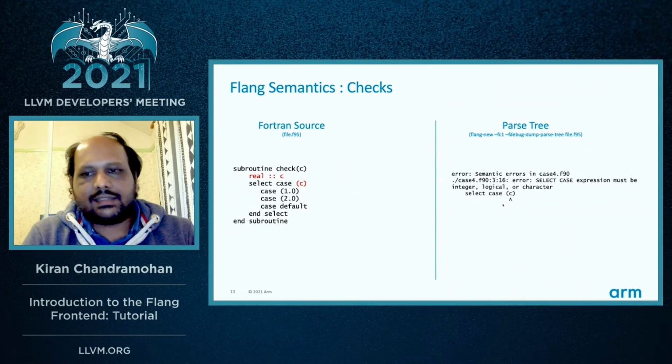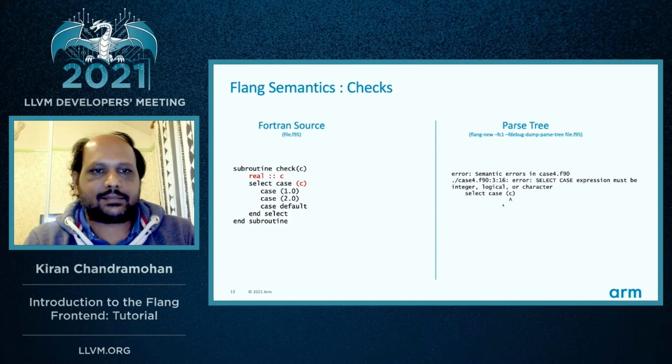But in Fortran, the select case expression cannot have real. So that's the error that we see on the right-hand side. Error, select case expression must be integer, logical, or character. And at the top, I have provided the command also, which can help provide this error.